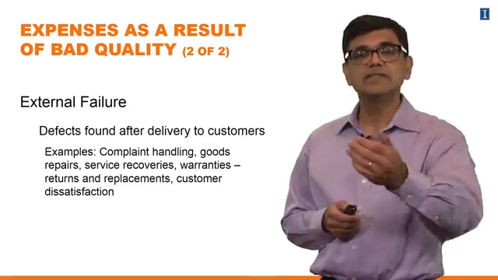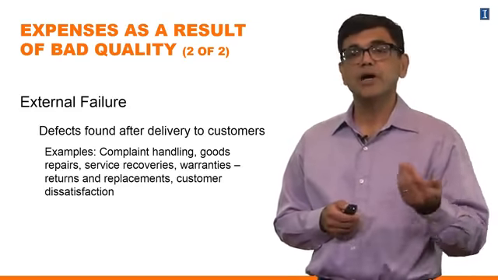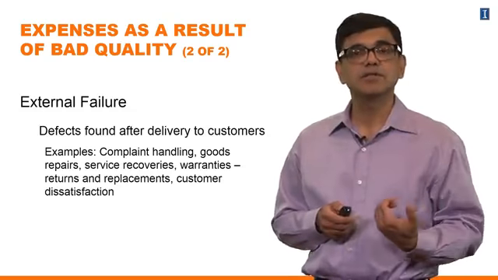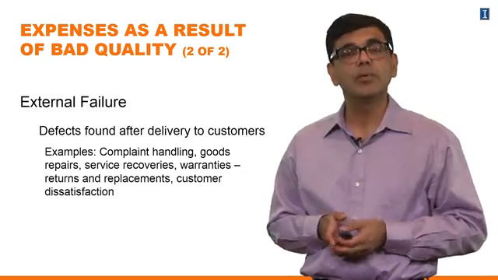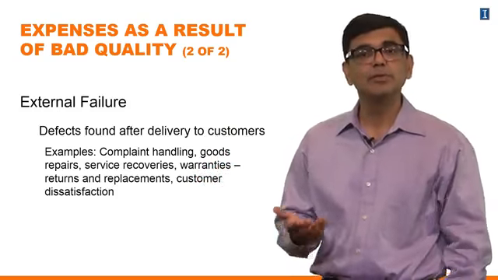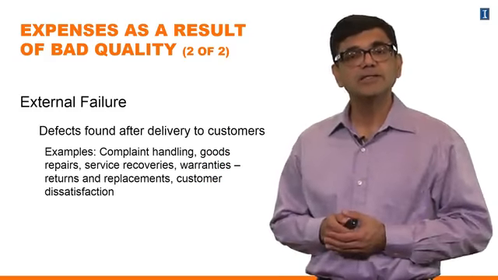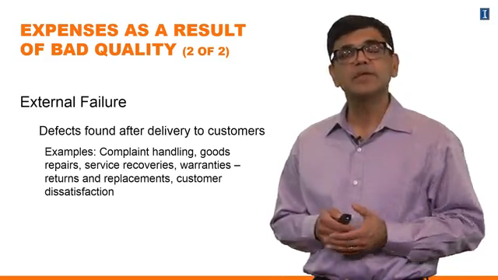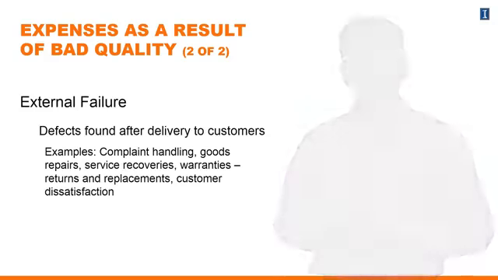Products have reached the hands of customers and now it has failed, and of course you have warranty costs, you have costs of lawsuits, and nowadays what is becoming more and more important is the idea that people are going to put a bad review for your goods and services, and that's going to impact your sales over a long term. So that's something that you have to think about from a cost of quality perspective.